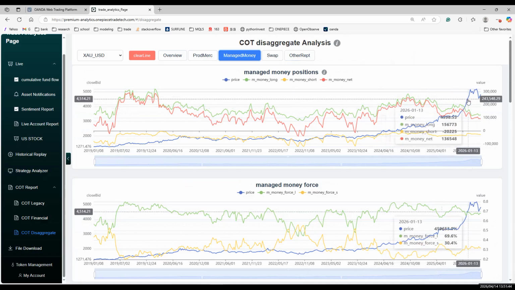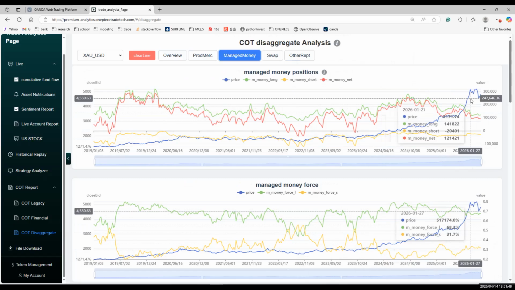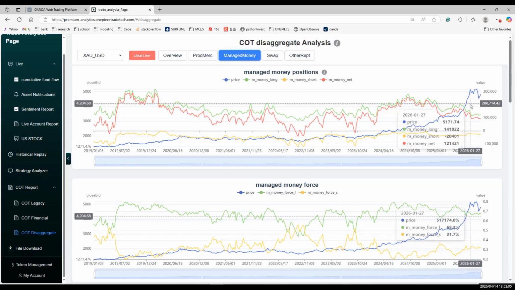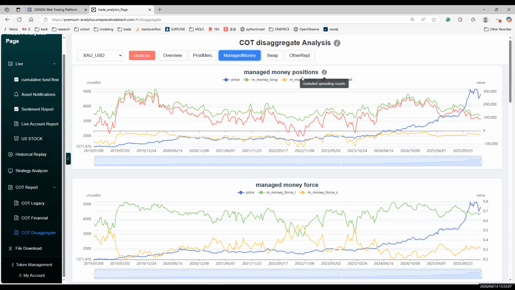But as we see, this is the same observation we see from the legacy report, that as we enter 2026, the buyers in the gold market have been reducing their long exposure in the gold market.